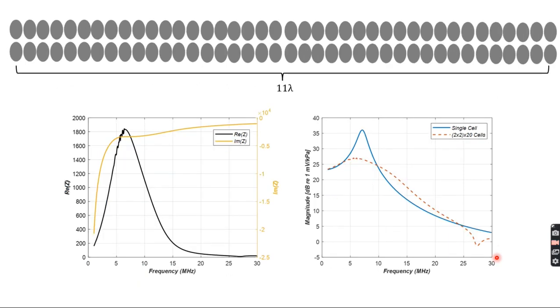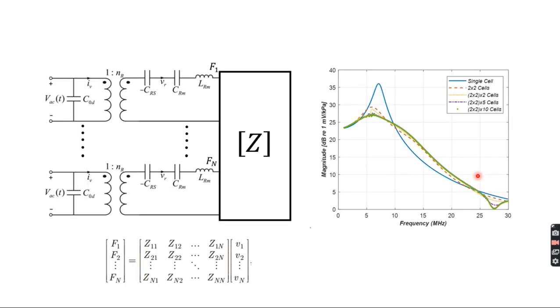For 80 cells, for 20 such elements, 2 cross 2 elements, you don't have any such problem at the operating frequency. Well, the stop bandwidth is still there. So compared to the single cell, it's a very wide bandwidth. Now, this is again the same picture as I've shown before.